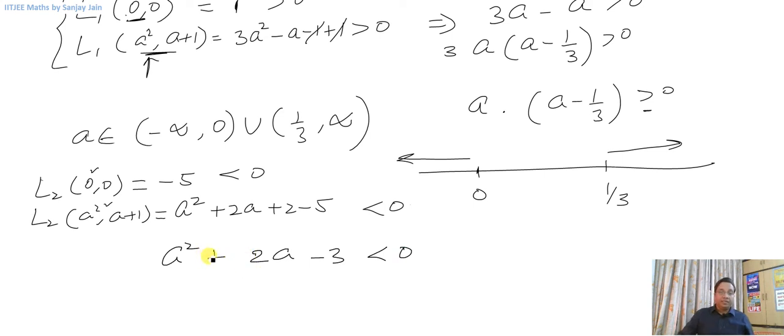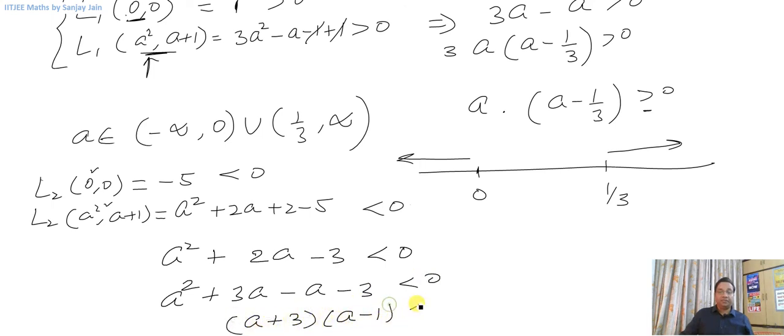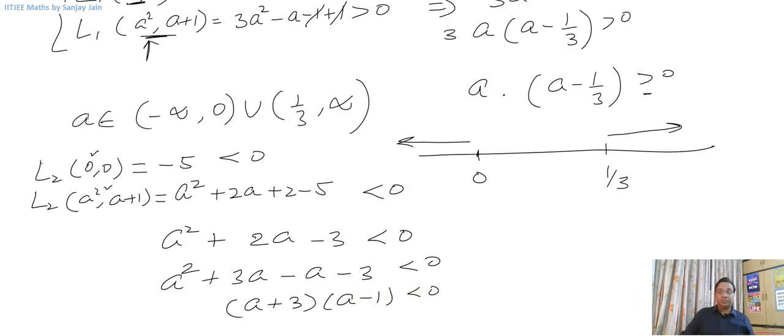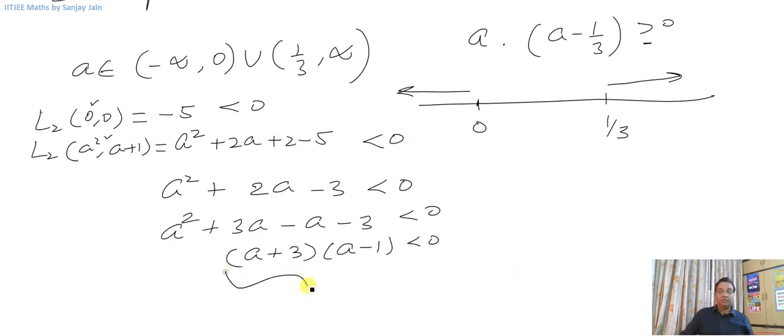So let me factorize it for you. A squared plus 3a minus a minus 3 less than 0. So it will be a plus 3 into a minus 1 less than 0. For this inequality, the critical points are minus 3 and 1.